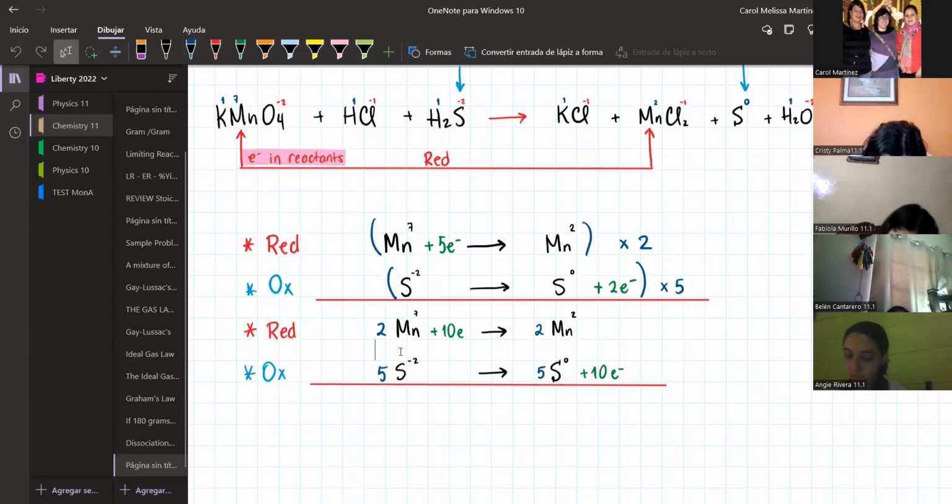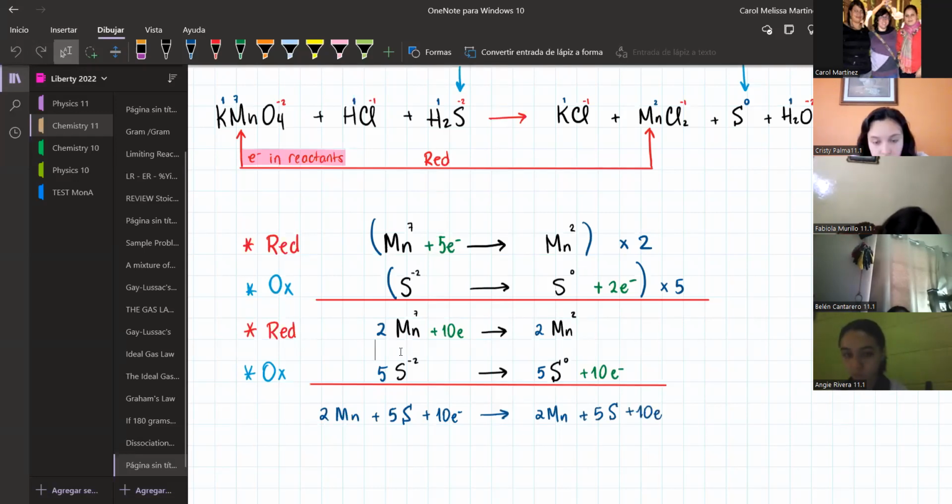Now I'm going to add them all. So I'm going to have 2 manganese plus 5 sulfur plus 10 electrons, producing 2 manganese plus 5 sulfur plus 10 electrons.